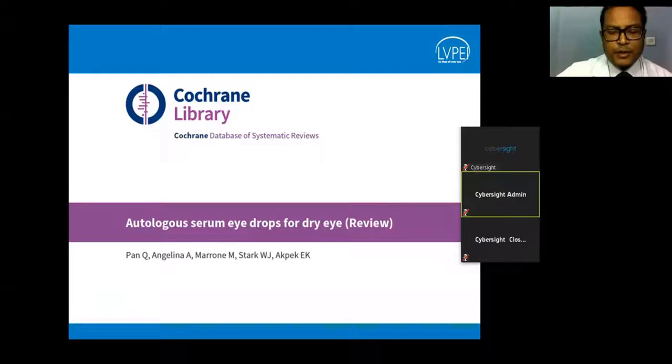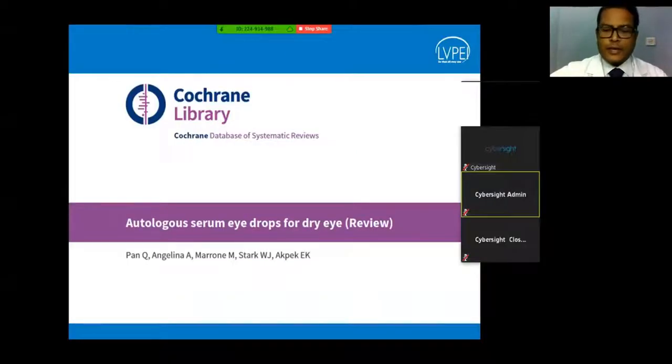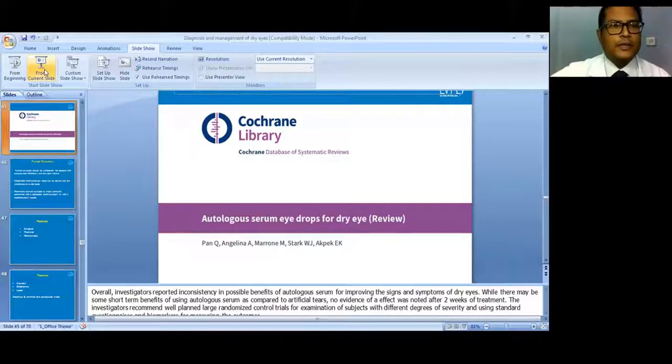While there may be some short-term benefits of using autologous serum, however, there is no evidence of a beneficial effect of autologous serum over artificial tears after 2 weeks of therapy.